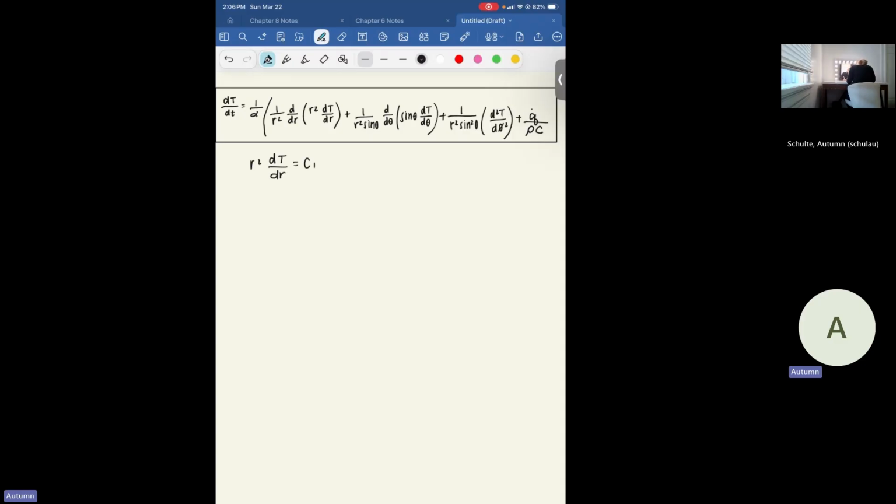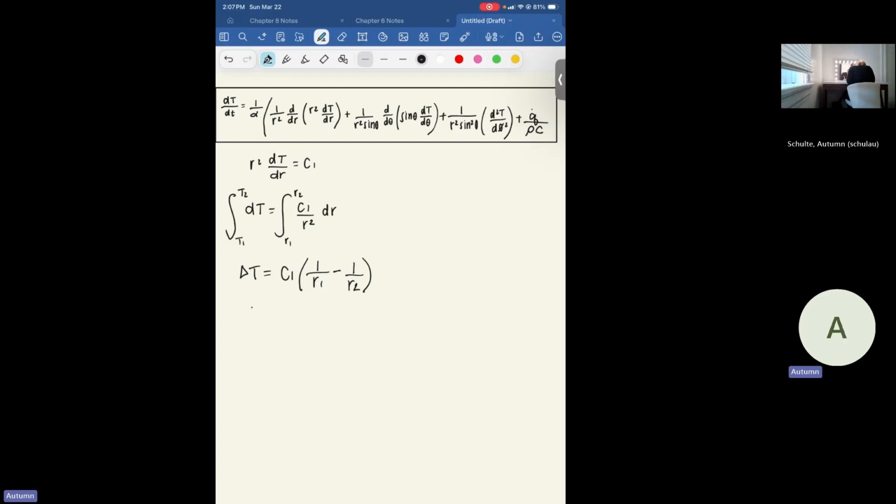This is a separable differential equation, so we can separate our terms to be dT is equal to C1 over r squared dr. Now we can integrate, and we are going to integrate from T1 to T2 and R1 to R2. Over on the left, we're going to be left with a delta T, and this is going to be equal to our constant C1 multiplied by 1 over R1 minus 1 over R2.